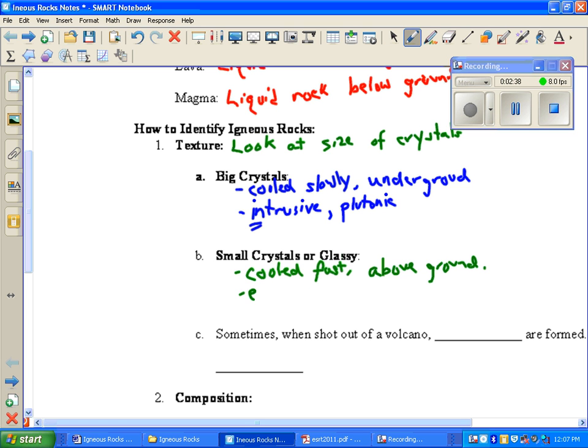We can call it extrusive. Okay? I think of X as exit. It is exit of the ground, so it's not in the ground anymore. It's out of the ground. Or volcanic. Okay? Because if it came out of a volcano, it's going to be above the ground.